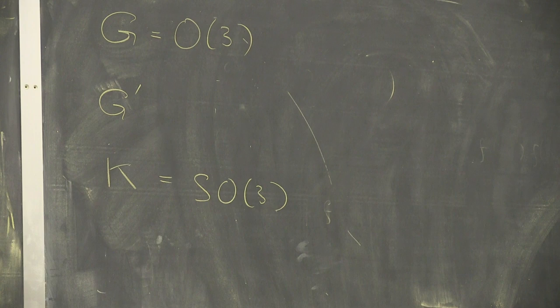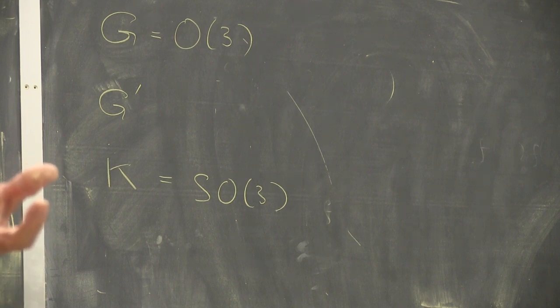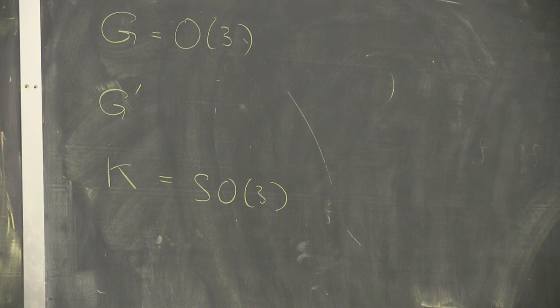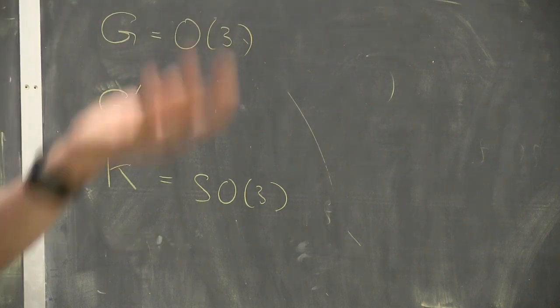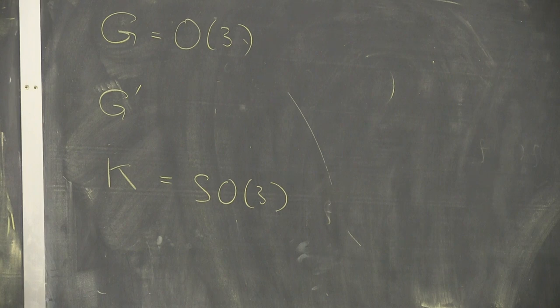SO3 is obviously a subgroup of O3. It is the set of those 3 by 3 orthogonal matrices whose determinant is equal to +1. There are some others in O3 whose determinant is equal to -1, okay?